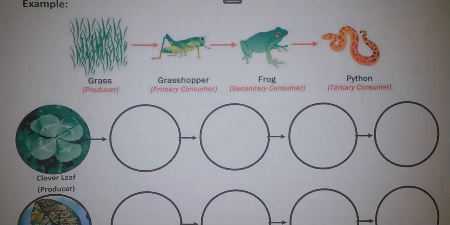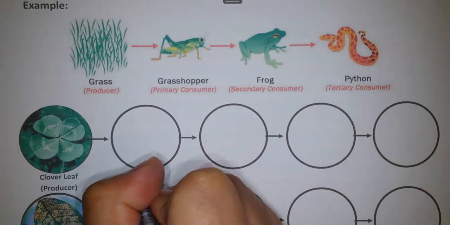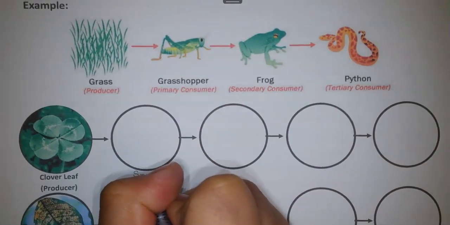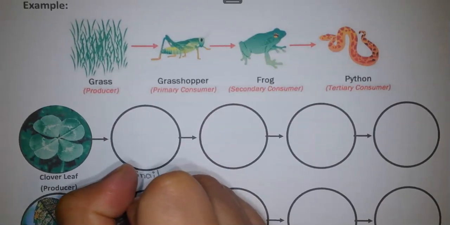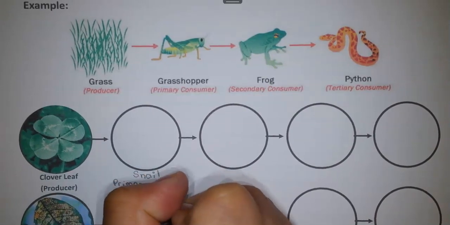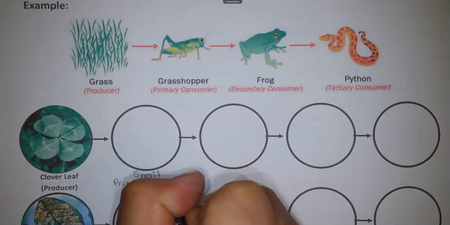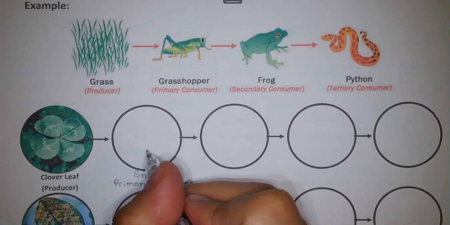So I would write down snail, and that is going to be your primary consumer. And then you would draw your snail right here.